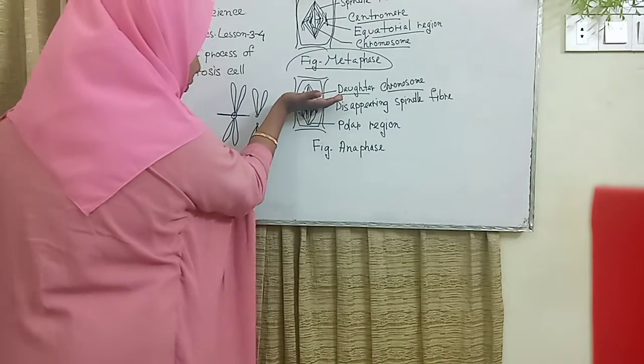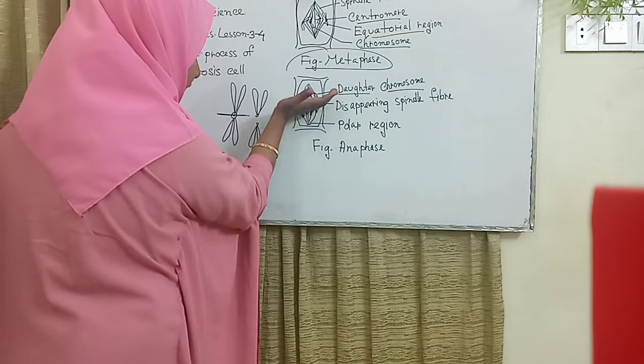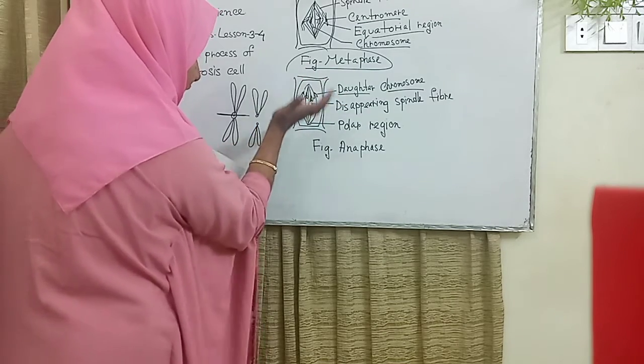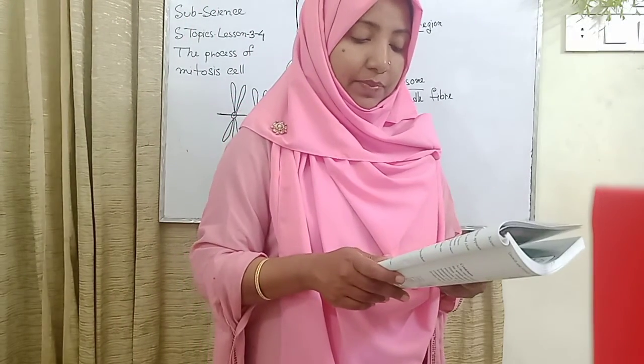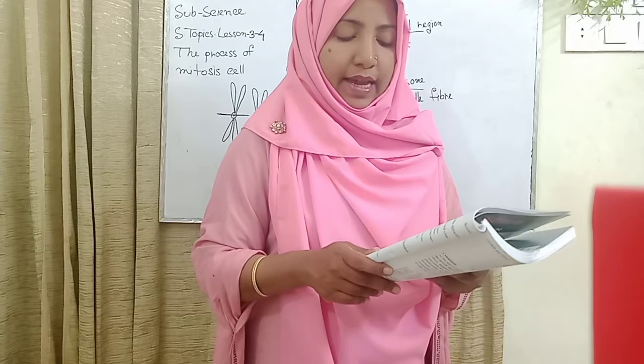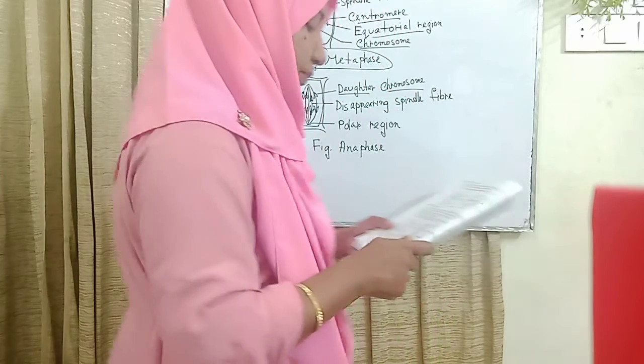They separate toward the north pole and the south pole. Again, the chromatids get separated from each other. At this stage, each chromatid is called a daughter chromosome.